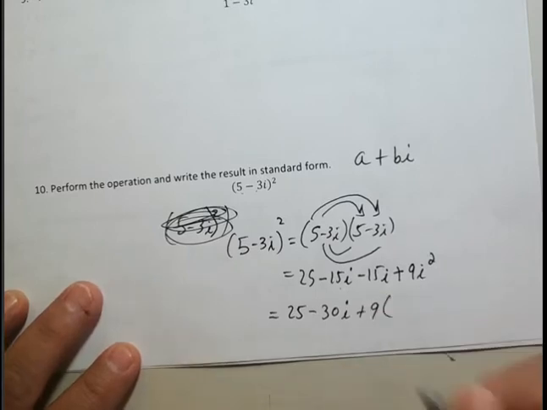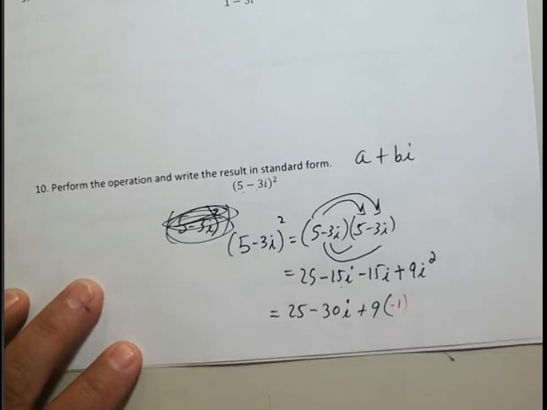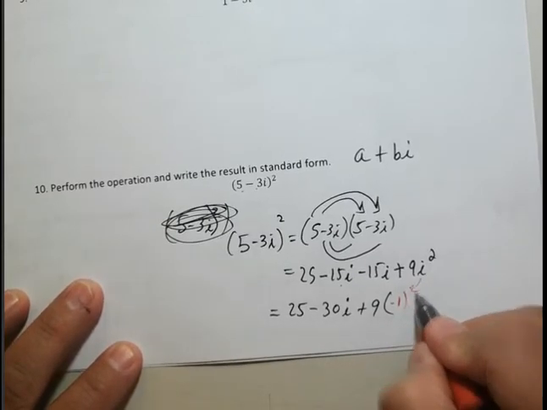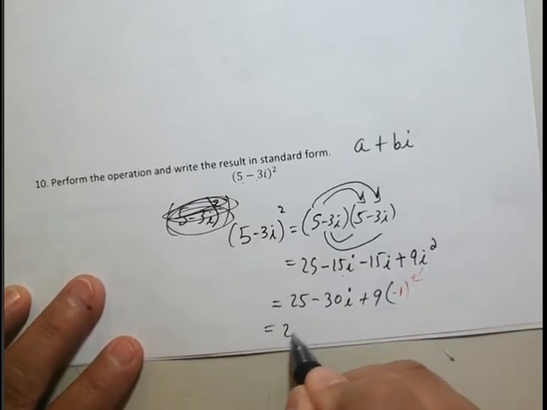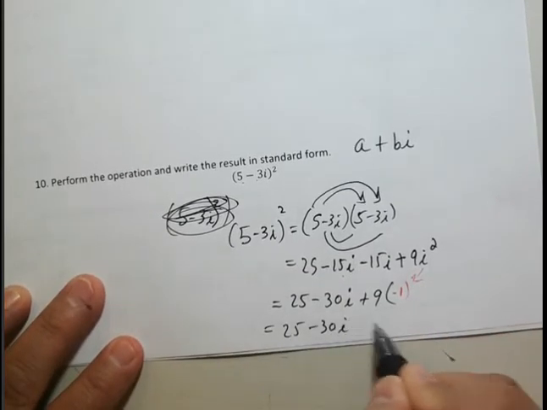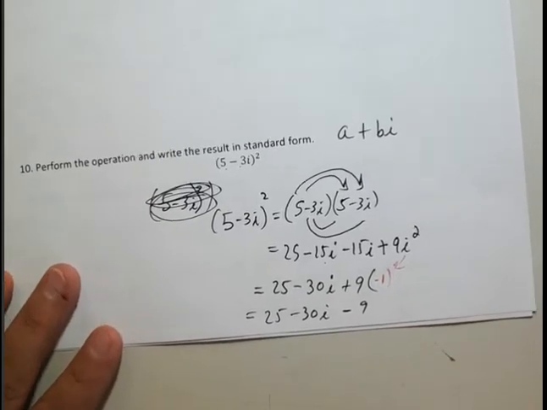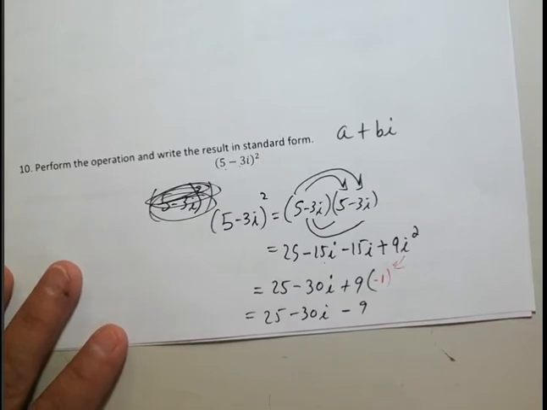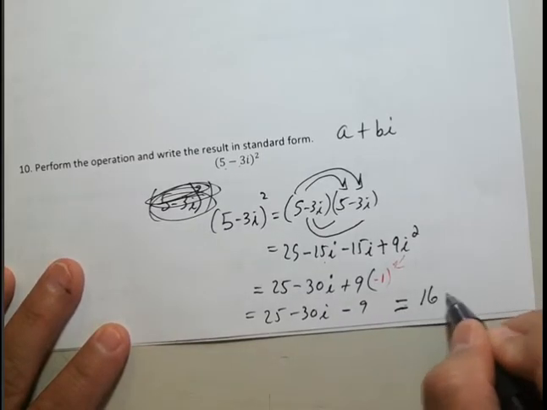And then this i squared, we can write it as a negative 1. So that gives us minus 9. 25 minus 9, 16.